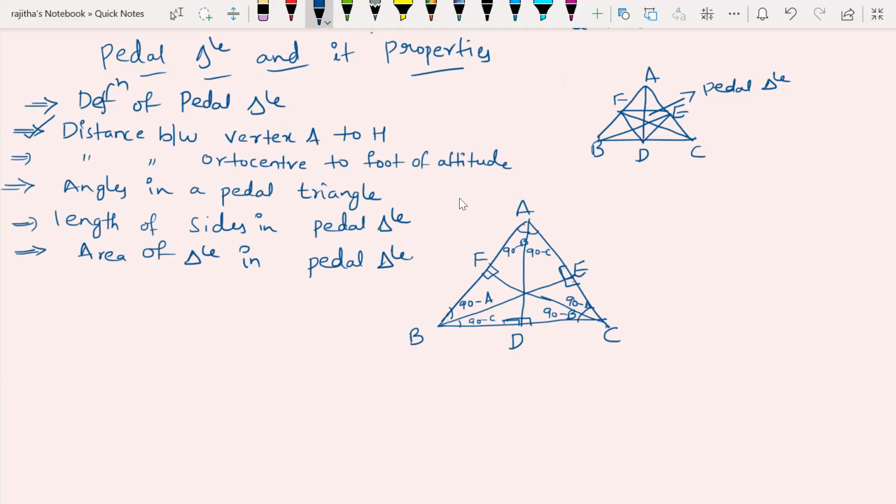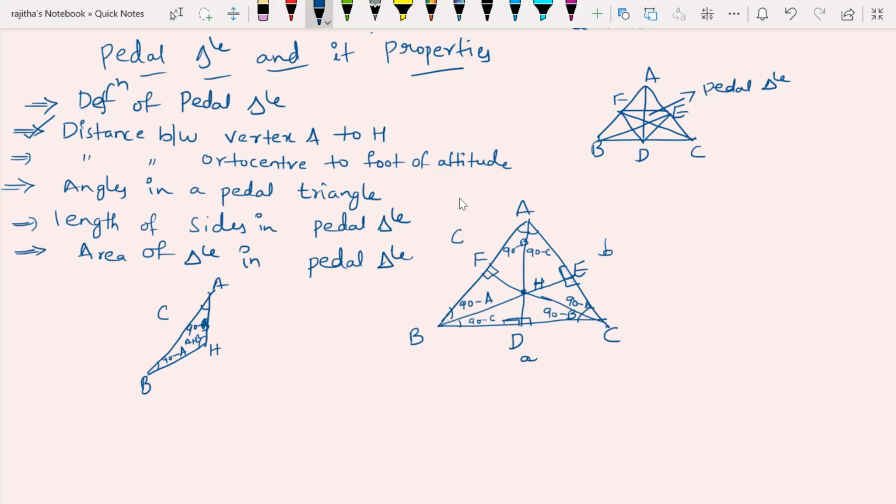In this, I'm taking this part only. Here is the orthocenter H. A, H, B. Joining these, here is 90 minus B, here is 90 minus A, here is A plus B. The sides are small a units, small b units, small c units.